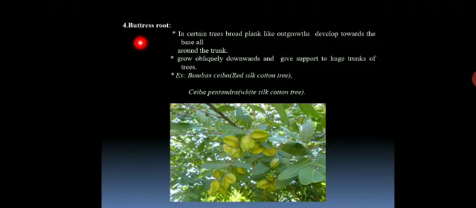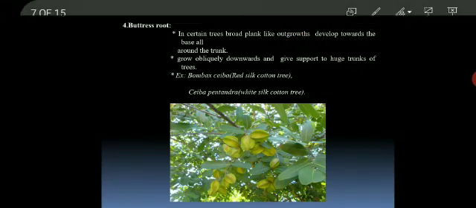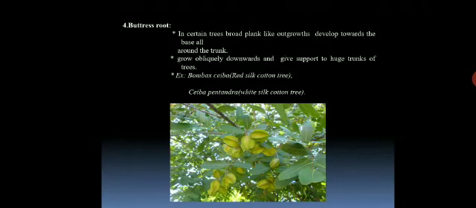The last one is called buttress root. The buttress roots have a heavy base. Normally the Bombax plant is a good example for the buttress root, ilavam panju maram in Tamil. In certain trees, a broad base is present, and the outgrowth of the plant looks like a buttress-like root outgrowth developing towards the base around the trunk.